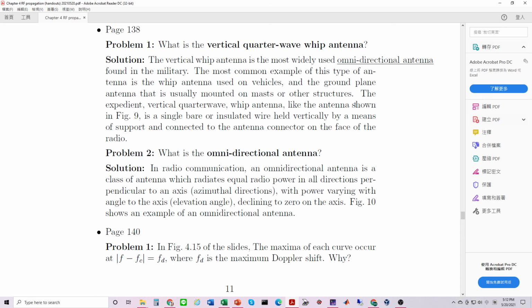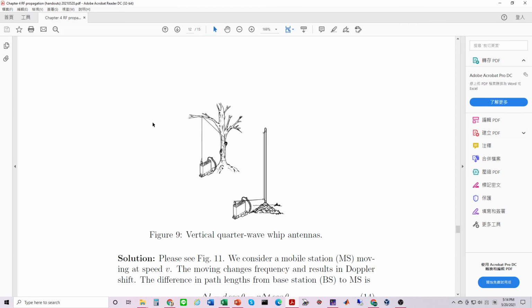The expedient vertical quarter wave whip antenna, like the antenna shown in Figure 9, is a single bare or insulated wire held vertically by a means of support and connected to the antenna connector on the face of the radio. Okay, let us look at Figure 9.